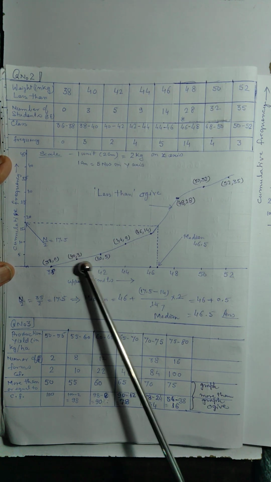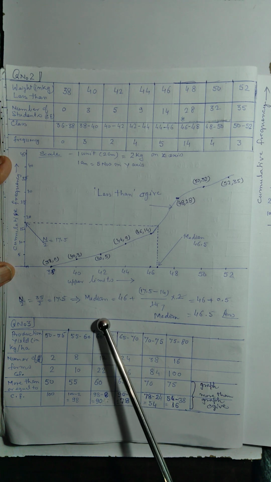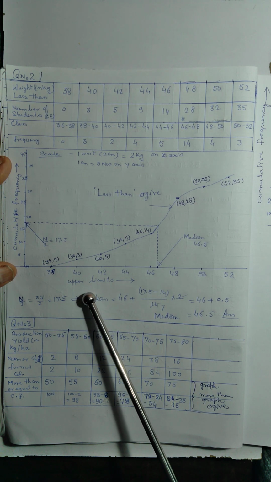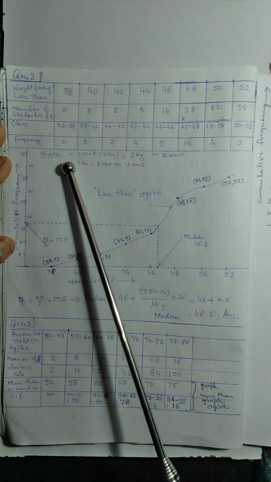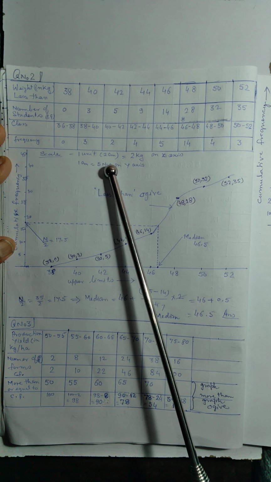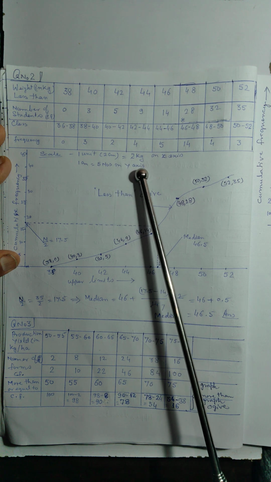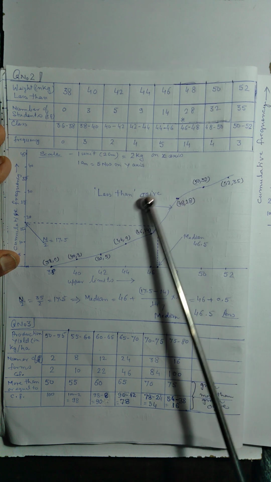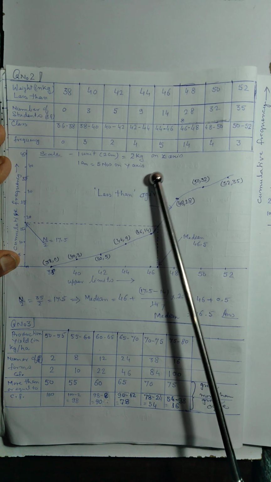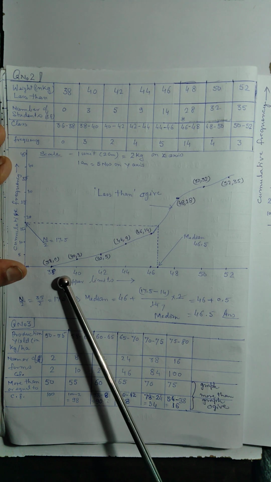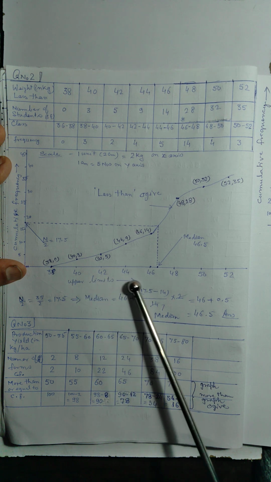Now we have to plot as well as work out the median. Now you see the scale: 2 centimeter is equal to 2 kg on the x-axis. On the x-axis, 2 kg represents the differences here: 38, 40, 42 and so on.